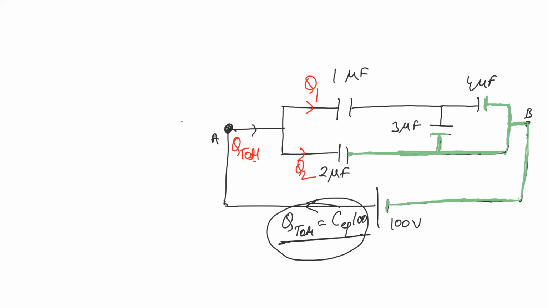So this entire green color is at, let's take, 0 potential. And this side, the entire blue color, will be at 100 potential. Because these are conducting wires, and conducting wires will not change any potential.